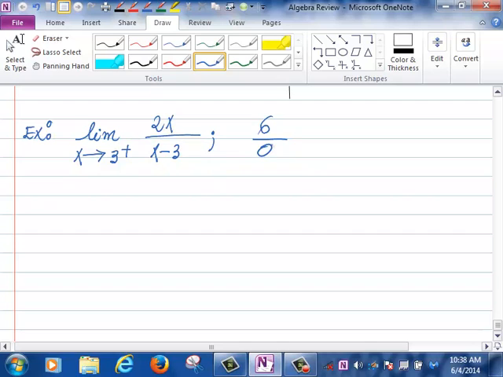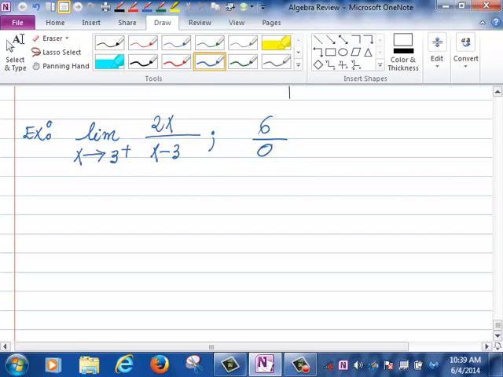Now, first of all, realize the following fact: when x is close to 3, the numerator is close to 6, but the denominator is very, very close to 0. So when you divide 6 by something very, very close to 0, wouldn't you get something big? I mean, imagine dividing 6 by 0.001, you're going to get 6,000, right?